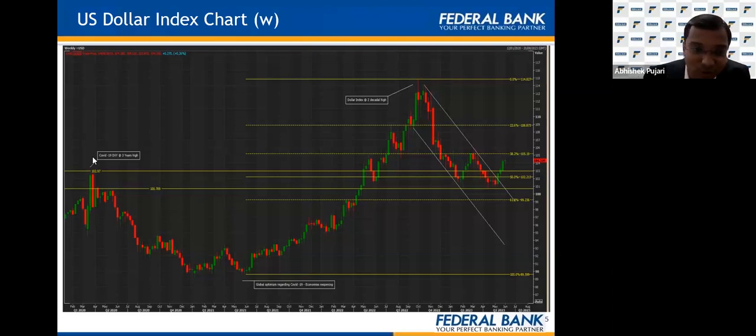Are you able to see my mouse over here, right? Then from there on, with positive news coming in regarding vaccination and all, it fell down to almost sub-90 levels. This was only because of the global optimism which was there during that particular period.